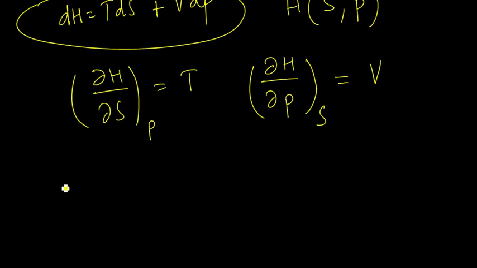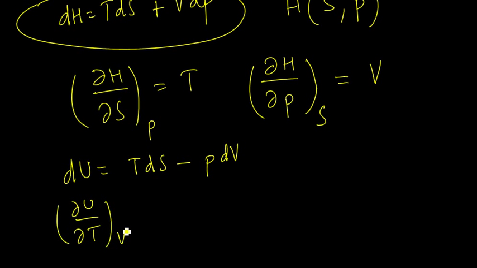So you already have the equation dU is equal to TdS minus PdV. From here I just divide this by dT at constant volume. So what I get is del U by del T at constant volume is equal to T times del S by del T at constant volume.